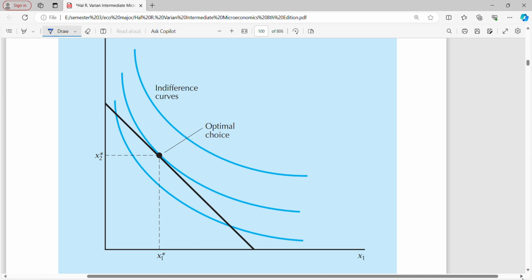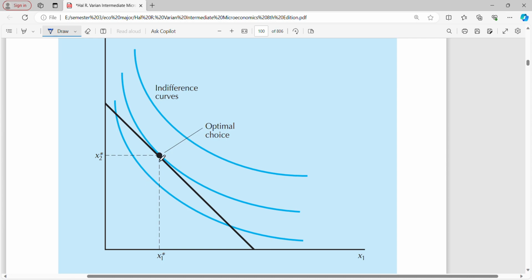If the IC were not tangent, it would cross the budget line, right? If the indifference curve is not tangent, definitely it will cross the budget line. And if it crossed the budget line, there would be some nearby point on the budget line that lies above the IC, like this. That means we could not have started at an optimal bundle.